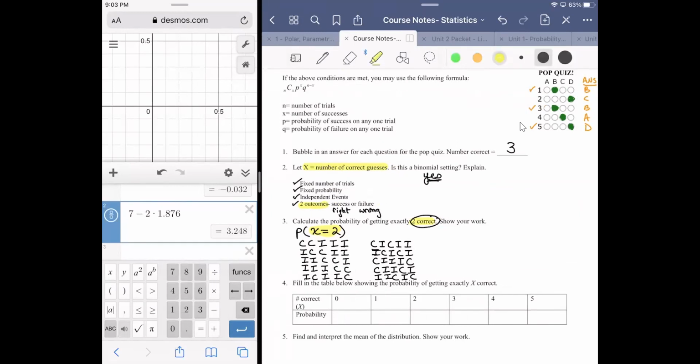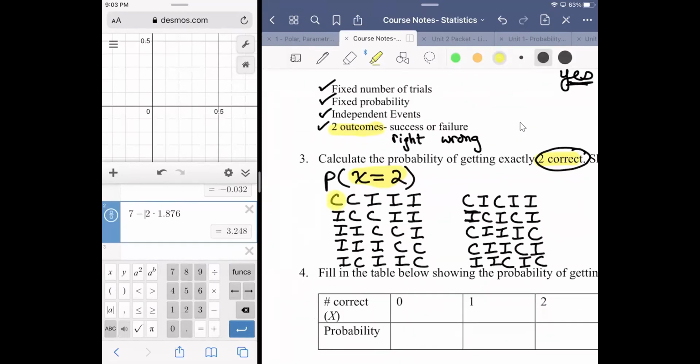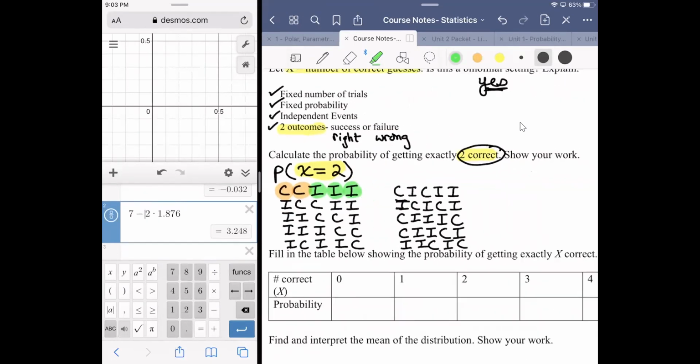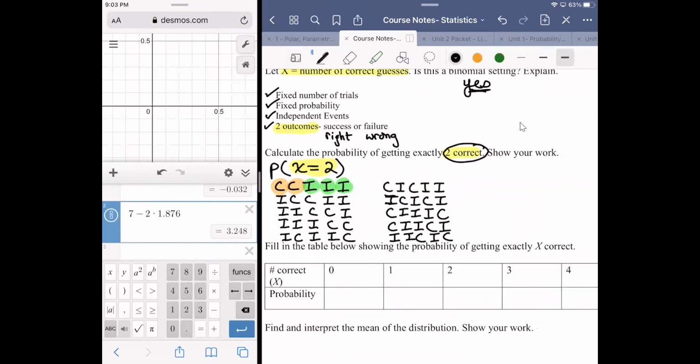But fortunately, each one of these is made up of 2 corrects and 3 incorrects. Right? So let's just look at one of the cases. I would say the probability of getting a correct answer on any one question is 1 out of 5. The probability of getting another one correct would be 1 out of 5. Then the probability of getting incorrect would be 4 out of 5, 3 times.